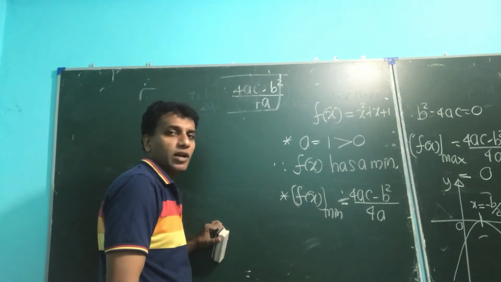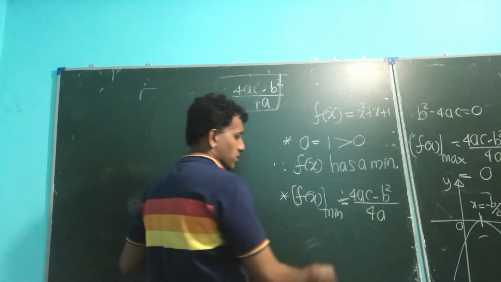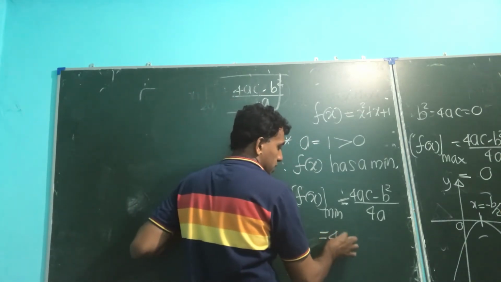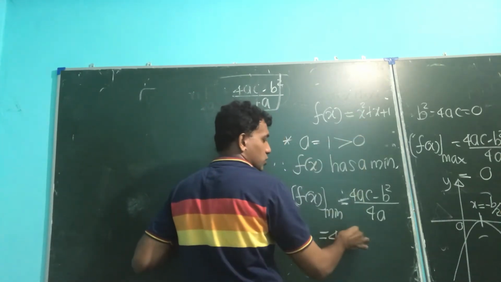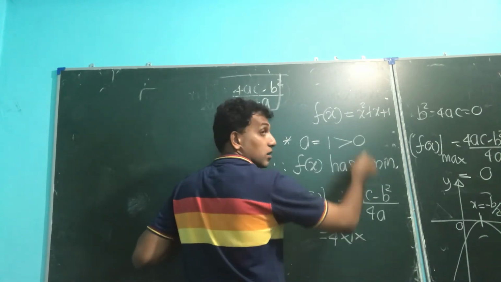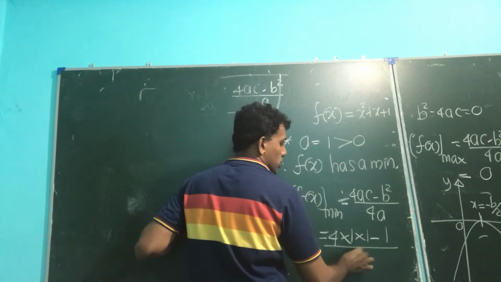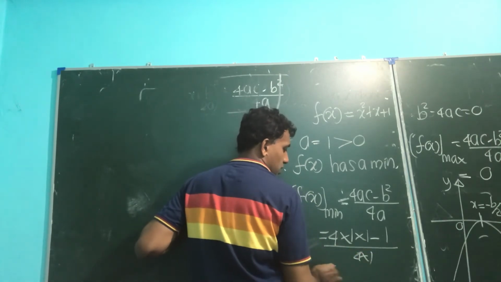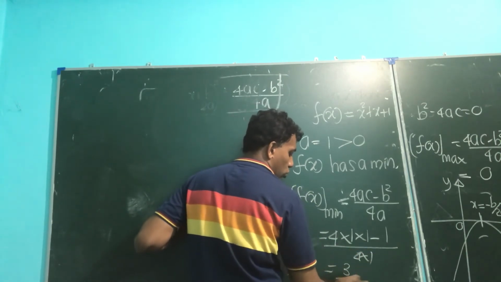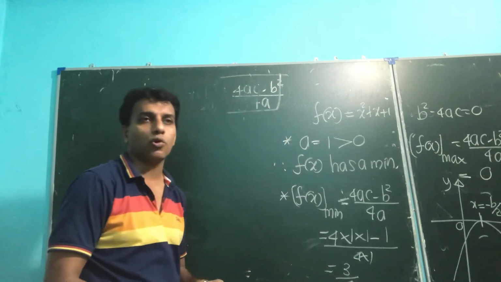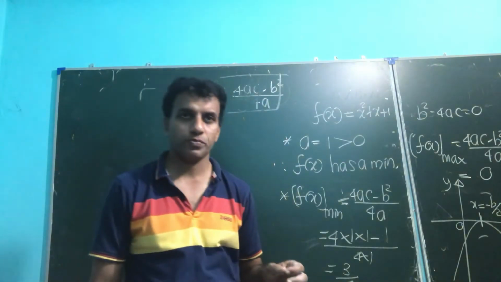Put in the a, b, c values and find the minimum answer. 4 into a, what is a? 1. What is c? 1. What is b? 1. 4 into a is 4, so what's the answer? 3 over 4 is the minimum value. Okay.